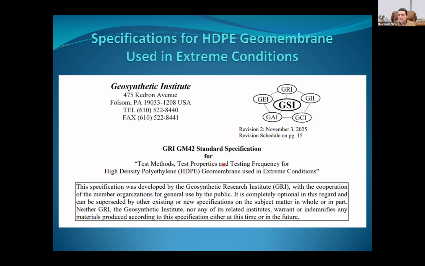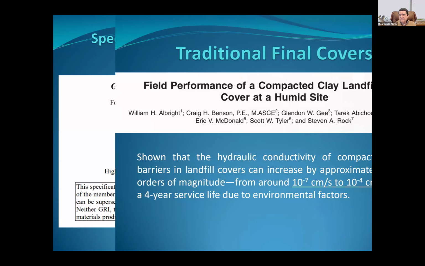The idea of this specification is that we have HDPE geomembranes that can be used for liners, but we can use the HDPE in all system conditions. So this is a way that you can test and give some guidance to manufacturers for this type of geomembrane, in this case HDPE.